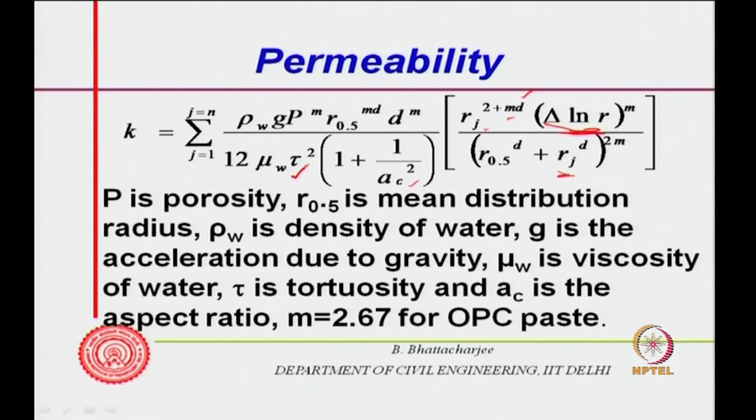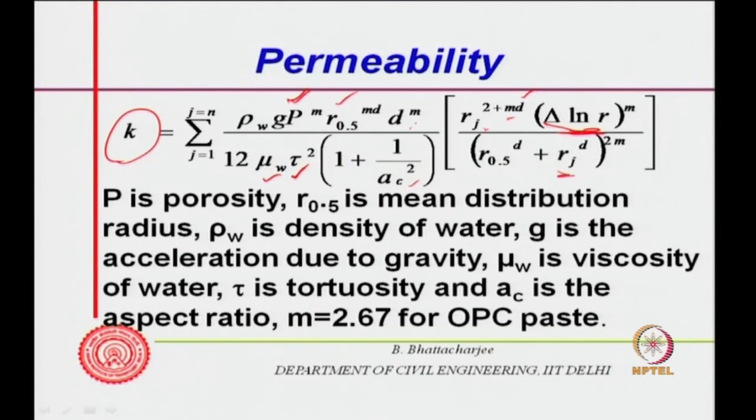This can be determined for some of the materials, some values are available, but I am not interested right now in how to estimate K from all these factors. Mu is the viscosity of water. Now, this can be determined from Power's model, as we have seen earlier.